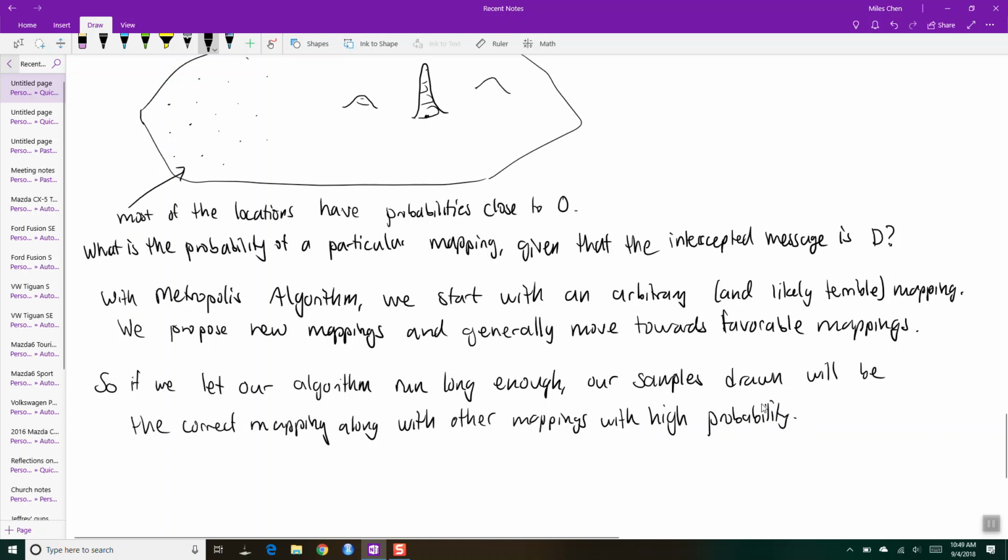Because the goal of the algorithm is to get a sample from our target distribution, which gives higher scores to the correct and likely mappings. Right? Does this kind of make sense?